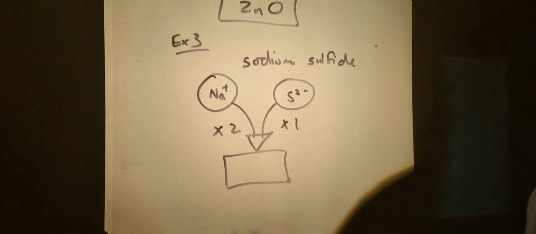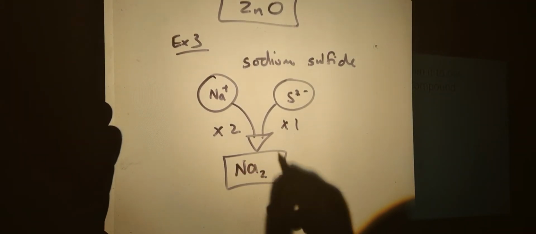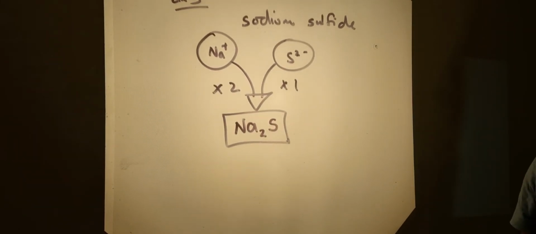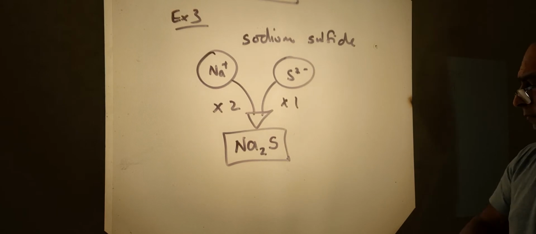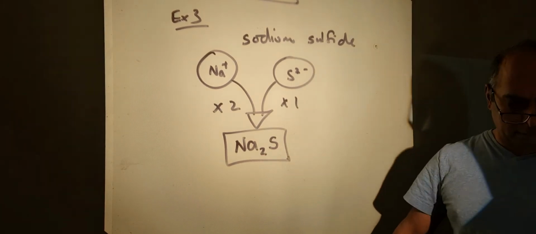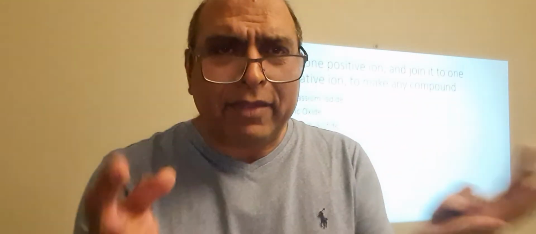How do you show a ratio of 2:1? Na with a 2. Na2S. You've got to have that ratio. You've got to have double the number of sodiums.